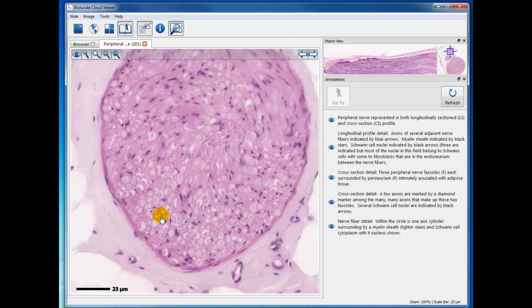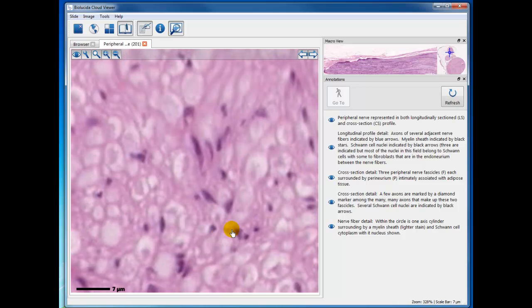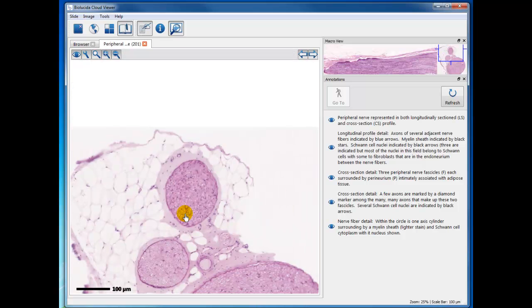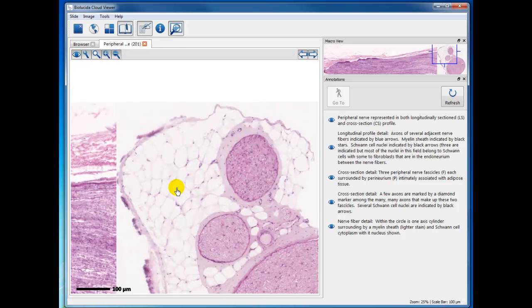Some of these nerve fibers are cut in cross section, and others are kind of in a longitudinal section. And again, if I enlarge this area slightly, you can see the nerve fibers and some of the nuclei of fibroblasts or of Schwann cells. And out here, you've already studied this, is adipose tissue.